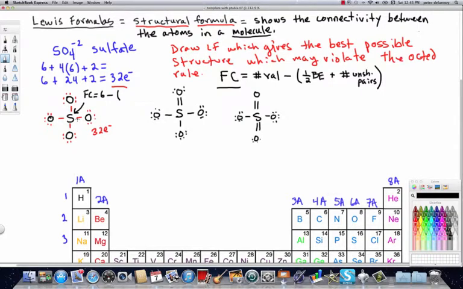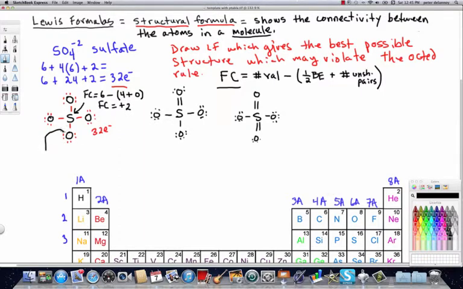We take half of that, so we're going to have a 4 here. And then plus all of the unshared pairs that are on the S, and since there's none, we have a 0. So you can see the FC on the sulfur in the very first compound that we drew, the one where we maintained the octet rule, is actually +2.